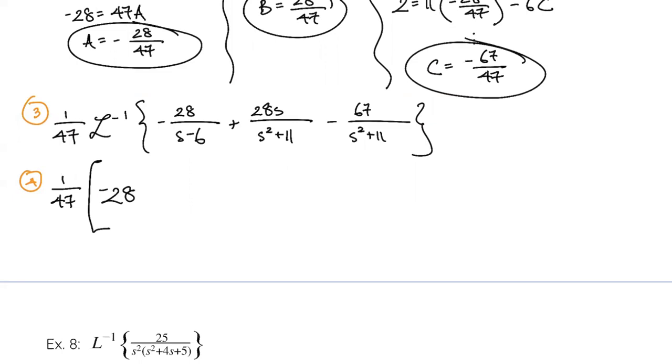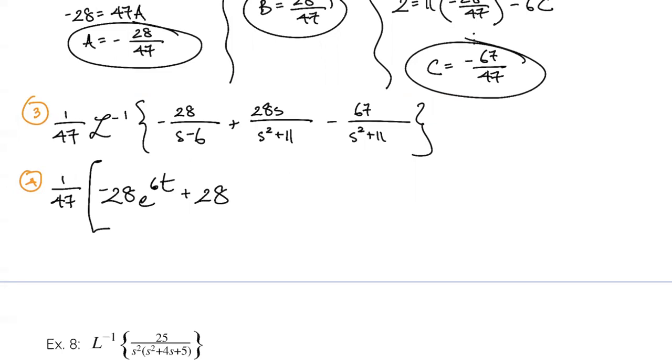Let's get used to the fact that we're going to have some weird square roots in here that aren't perfect squares, and that's going to be okay. So the inverse Laplace of the first one, we get negative 28e to the 6t. That's straightforward enough from our table. For the second one, I'm going to get 28.